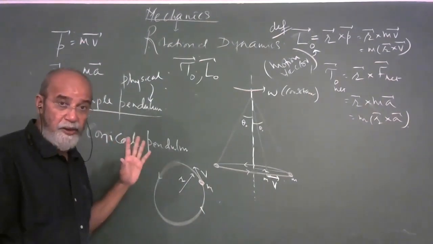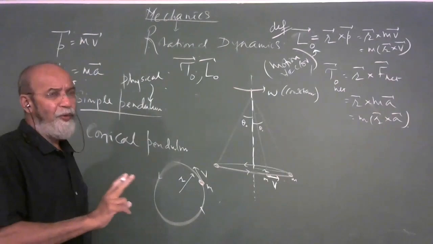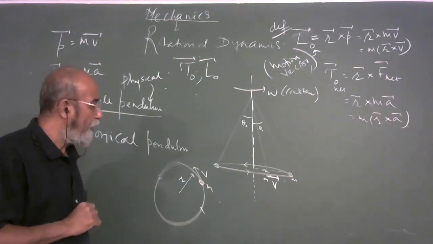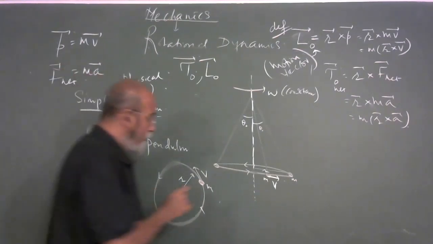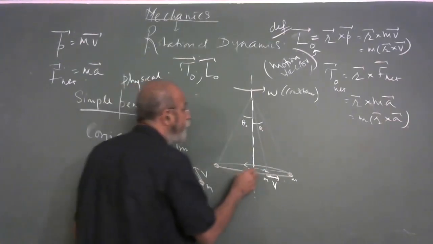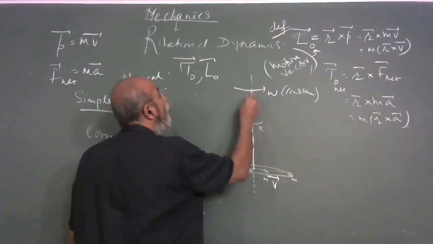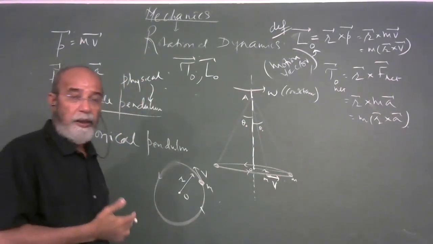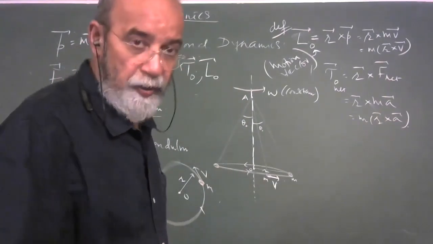Now it's this, where I have brought in some mild rotational dynamics. Let us take two reference points: one is the center of the circle, O, and the other is about the central axis, A. Let us find out L about O and about A.